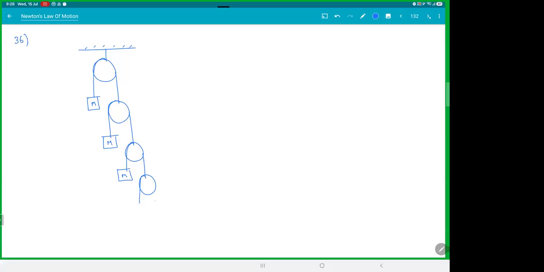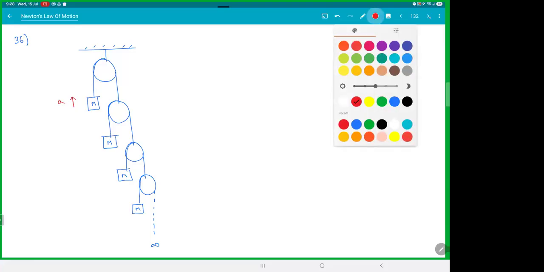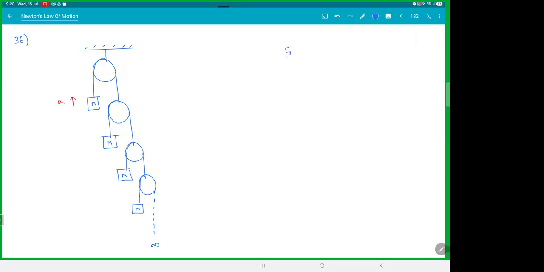We got a pulley here and mass m, and so on till infinity. We have infinite pulleys. Find the acceleration of this block. Uniform gravity. Let's get this. You have infinite pulleys on the right side.